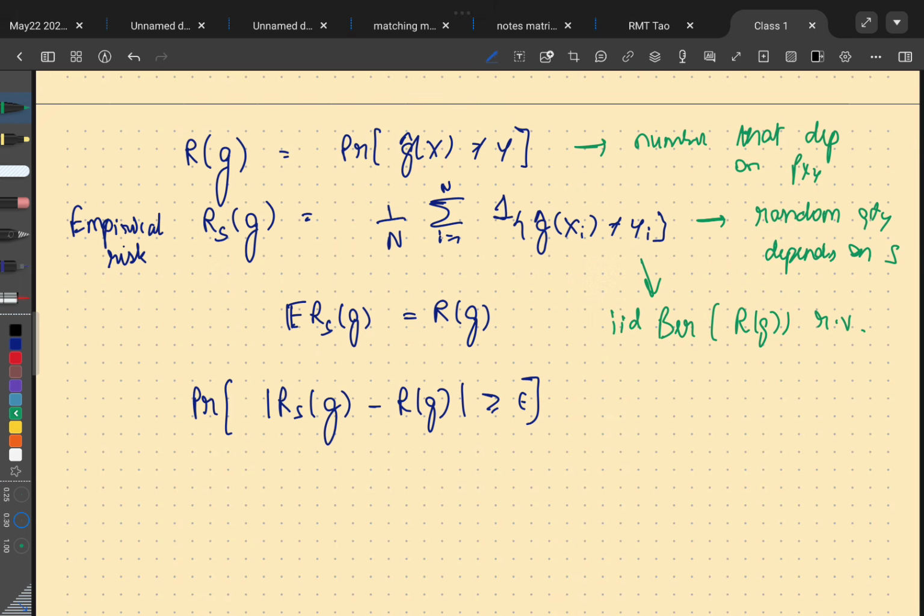Assuming that epsilon is small enough, what is the bound?